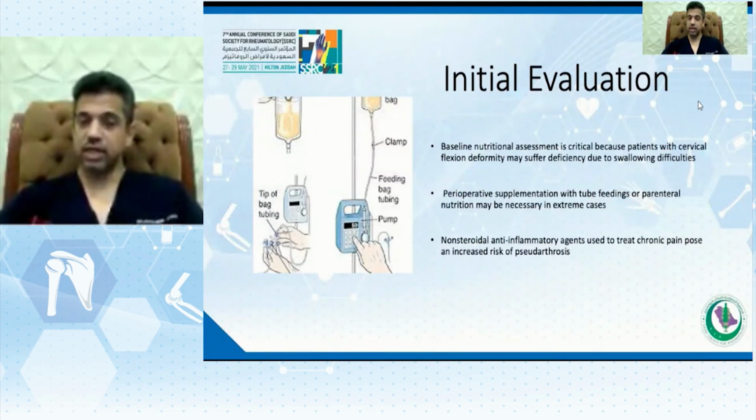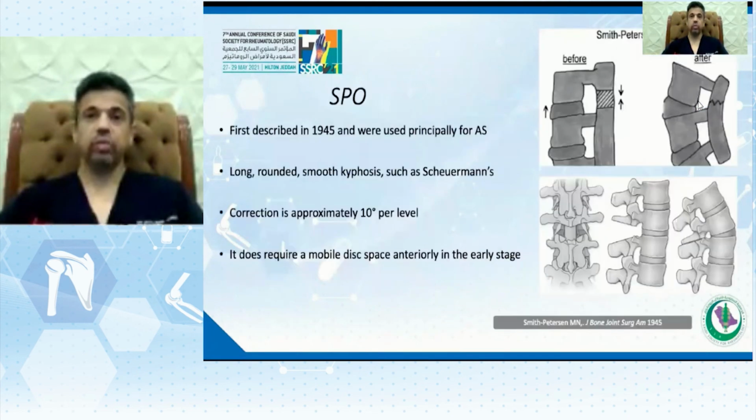The use of NSAIDs is not good during fracture healing or following an osteotomy for correction of a deformity, due to a high risk of non-union or failure of fusion. So please hold any non-steroidals for cases that are going for surgical management.